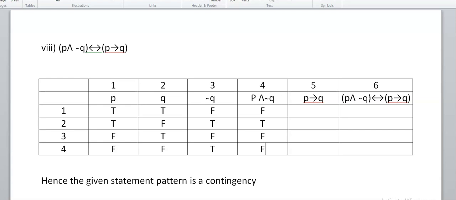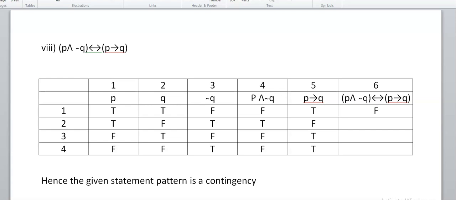Now next is P implies Q. T implies T is T. T implies F is F. F implies T is T. And F implies F is T. Now next is the double implication between the fourth and fifth column. That is both are different.